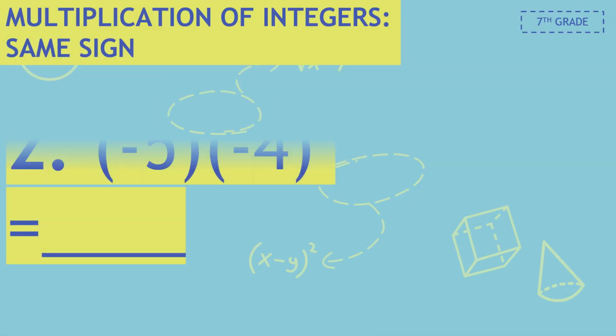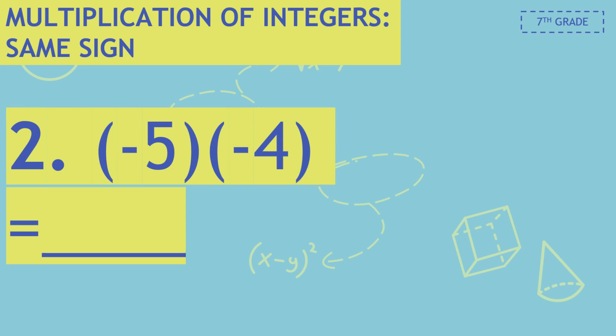Example natin would be negative 5 times negative 4. Okay, so this time naman po, we have two negative numbers. Although they are negative, parehas pa din po ng sign yung dalawa nating integer.